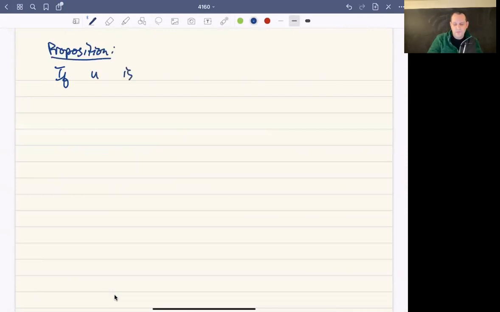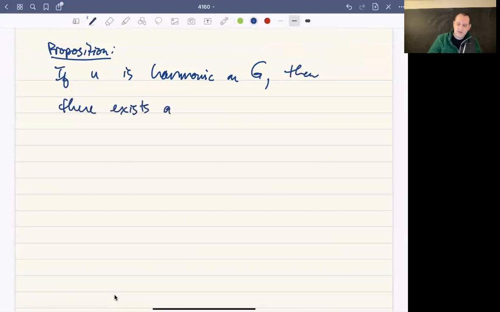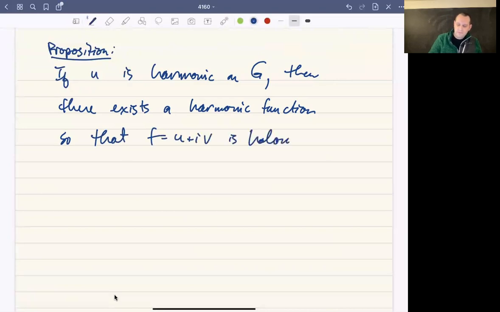If u is harmonic on a set G, then there exists a harmonic function v, again harmonic on G, so that f, which is u plus iv, is holomorphic on G. So this is the flip side of the coin.